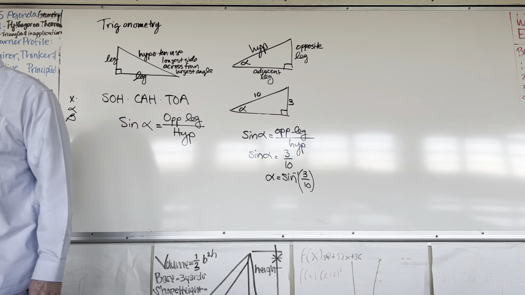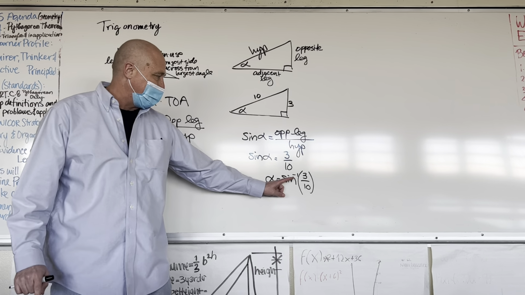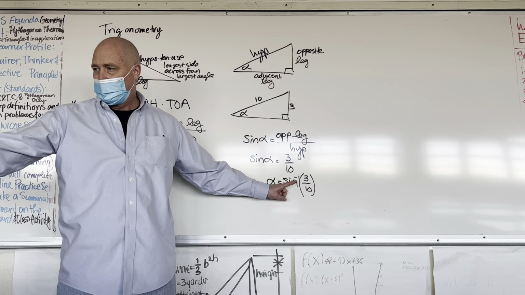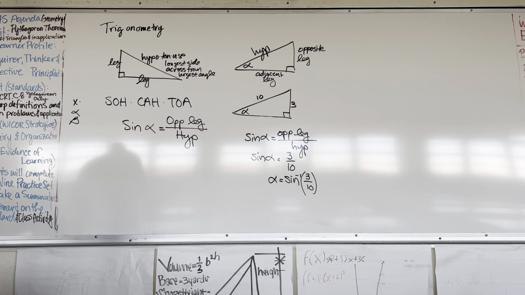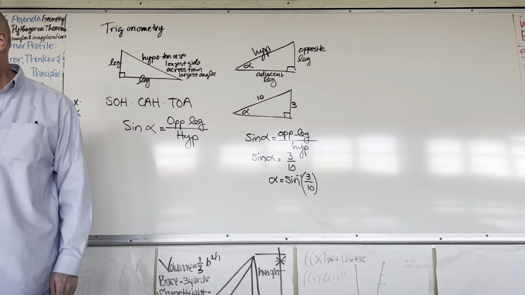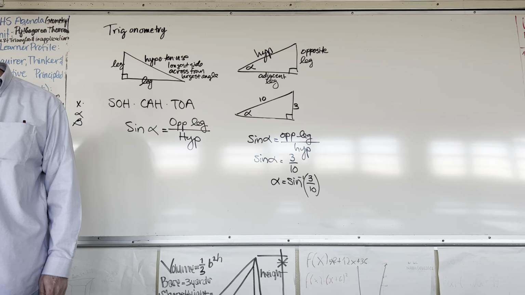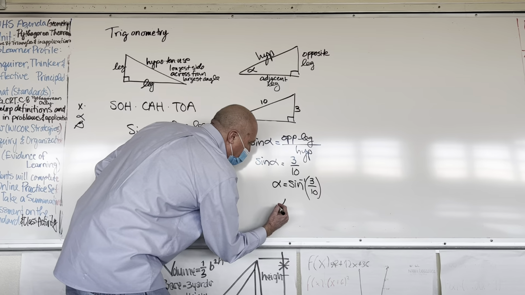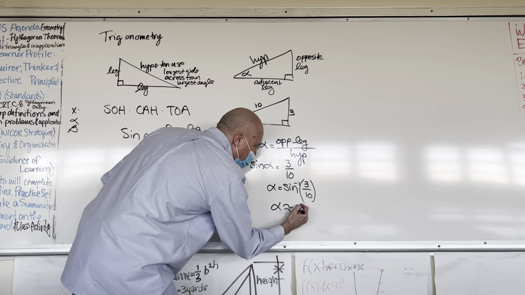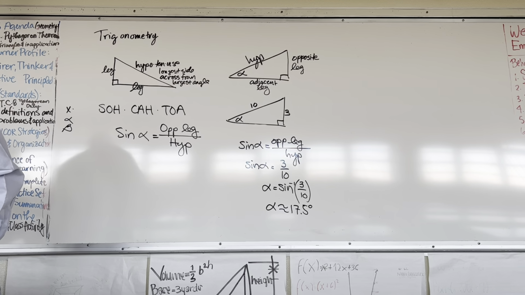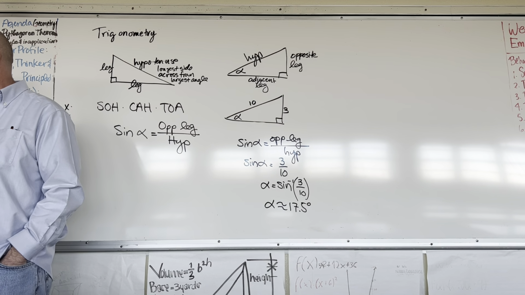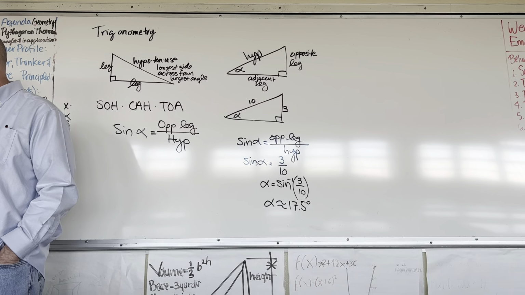Do you see how the sine now has a -1 on your keypad? Click that. Go ahead. And it gives you alpha is approximately equal to 17.5 degrees. 17.45, so 17.5. Did you stay up with me, the iPhone users?